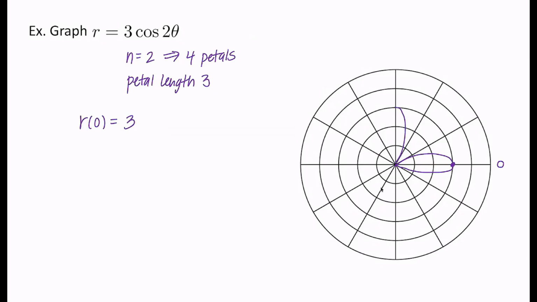So we're going to have another petal that goes straight up towards pi over 2. That's a length of 3 units. Another that goes towards pi, a length of 3 units. And another that goes straight down towards 3 pi over 2 that has a length of 3 units.